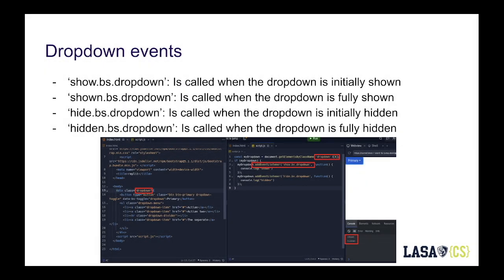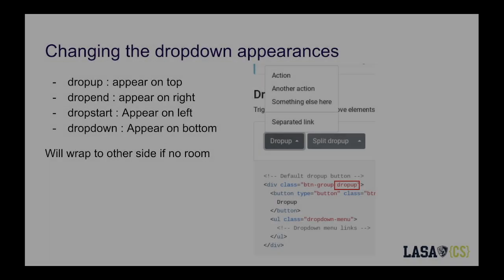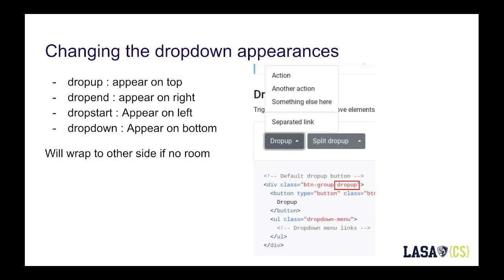However, if there's no room for the menu to appear with whatever class you're naming, it'll appear on the other side. So if on the right side I had used dropstart, the menu would appear on the right side rather than the left because there's no room on the left side for the menu to appear.